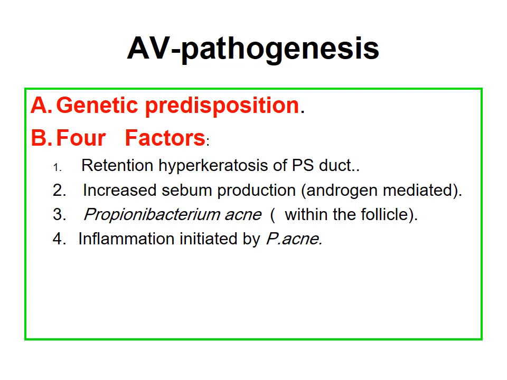There are 4 factors in the etiopathogenesis of this common disease: retention hyperkeratosis of the pilosebaceous duct, increased sebum production under the effect of androgen, Propionibacterium acnes proliferation within the follicle, and inflammation initiated by this bacterial proliferation.